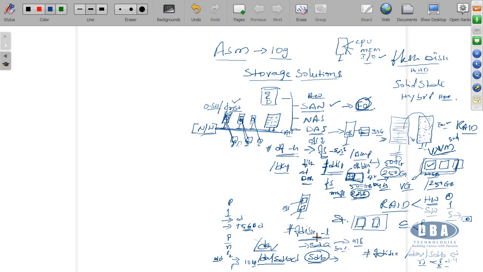I hope you got some idea at hardware level, and about RAIDs and striping. Striping is what? When you try to write the information A, B, C, D, something like that, it is going to be spread across the disks. This is what we call striping. What is the benefit? Two disks, load balancing.